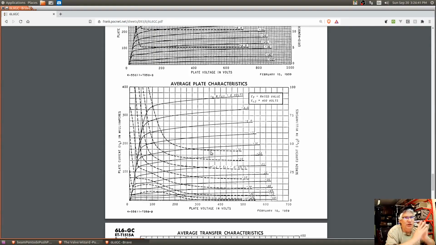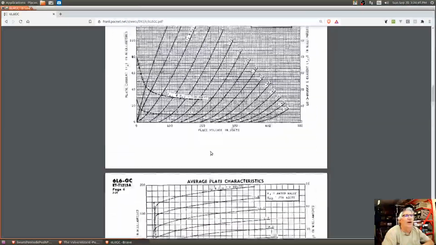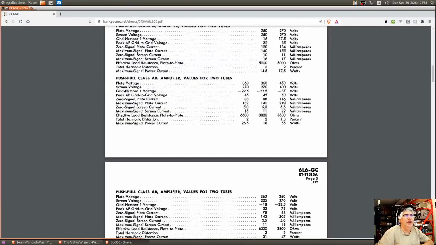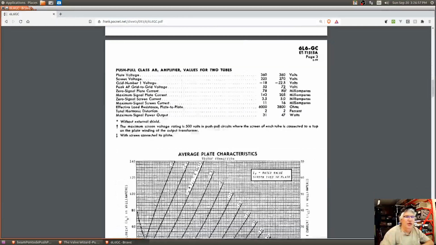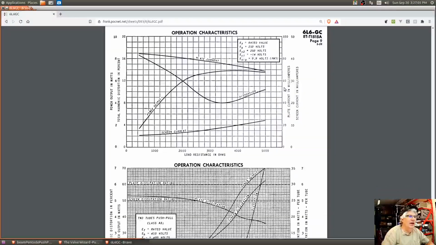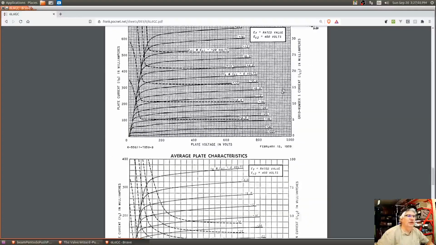AB1 operation, no grid conduction. So that graph that I just showed you is effectively this column right here. This is where we are. We're going to be at our screen voltage of 450 volts. And that's important to know. And we don't look at any of those others.